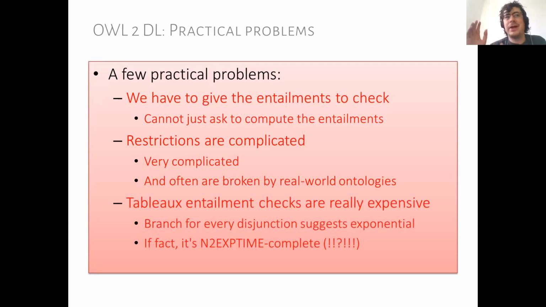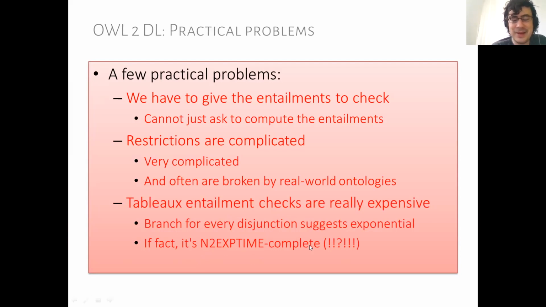And then on top of that we have other things like counting and cardinalities and existentials and so forth. In general, the problem of entailment checking for AL2DL ontologies is N2 time complete.